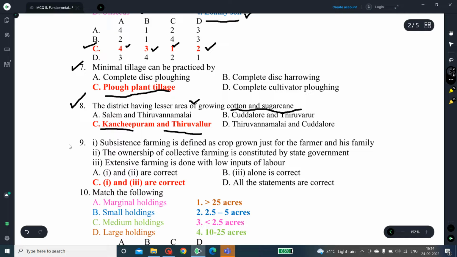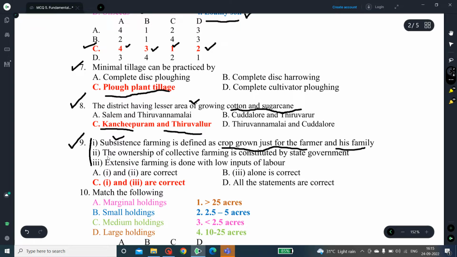And the ninth question: there are 3 statements, and we have to find out which are the correct statements. Statement 1: subsistence farming is defined as crops grown just for the farmer and his family.